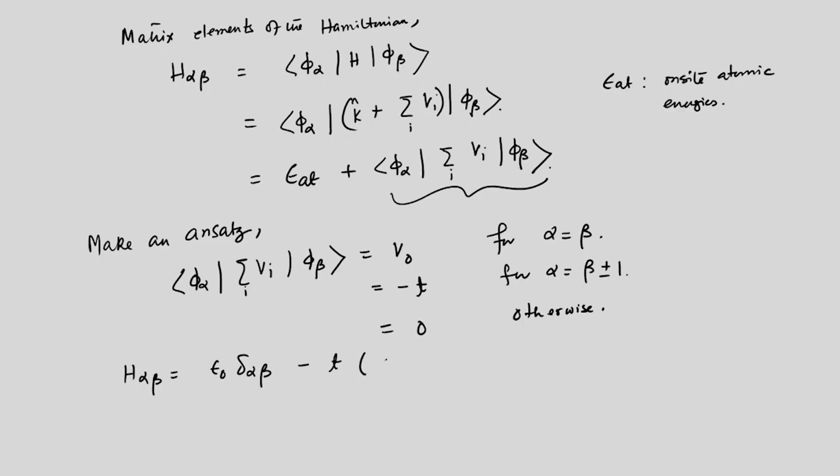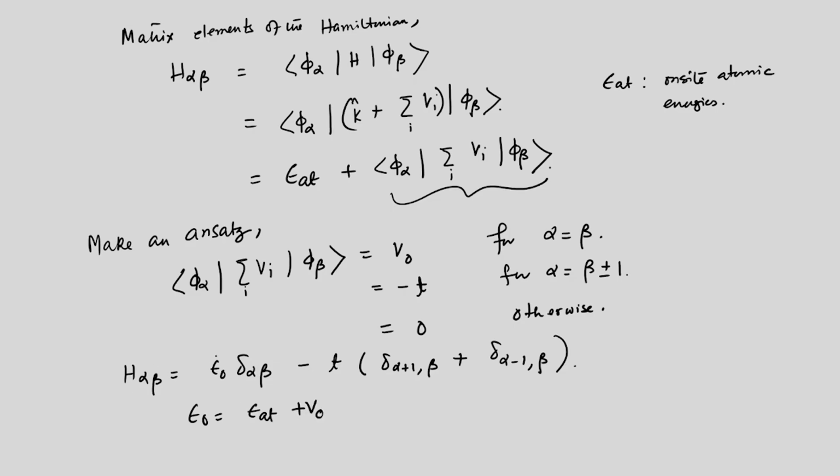So, this is equal to delta alpha plus 1 beta plus delta alpha minus 1 beta and so on. Okay. And where epsilon 0 is of course this epsilon AT plus V0. Okay, that is a constant that we do not need to worry about.